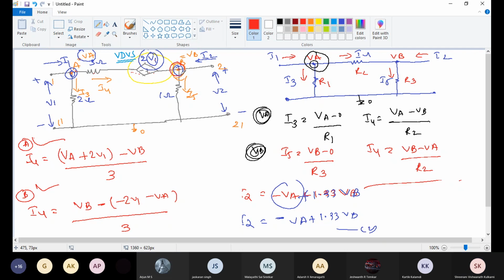So minus VB. Here for writing the equation for B, VB plus minus of 2V1, then minus of VA. Yes, now it's correct. Okay, we'll stop here.